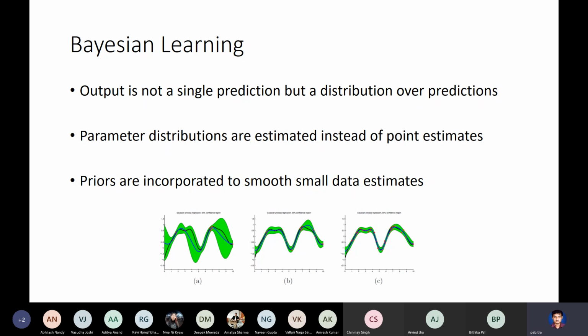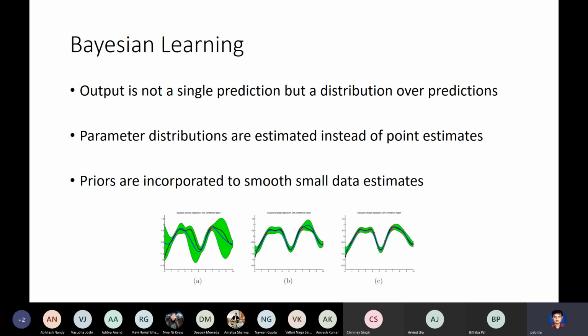There is another advantage: you can easily encode your priors. You can easily encode your prior knowledge in the form of a prior distribution in your inference procedure, and this plays the role of smoothing, because your likelihood is based on data and your prior is based on knowledge.